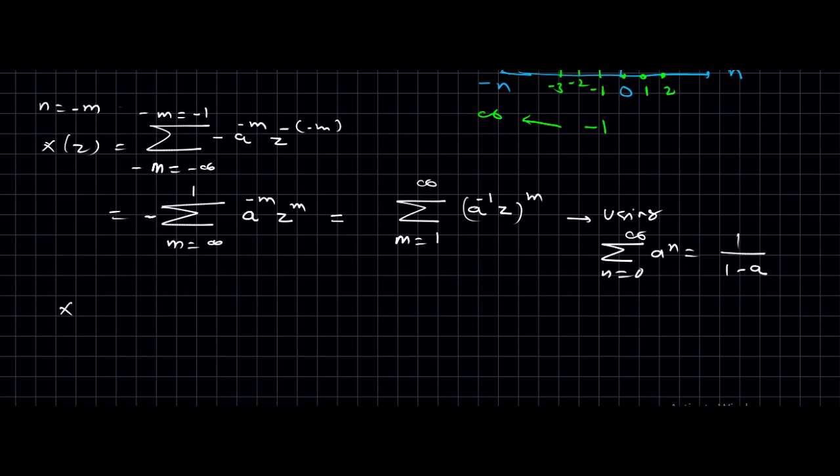So our x of z will be 1 over 1 minus a raised to minus 1 z. This is the z transform of minus a raised to n. Sorry, it is minus, so this is the minus term. We have the minus term outside.